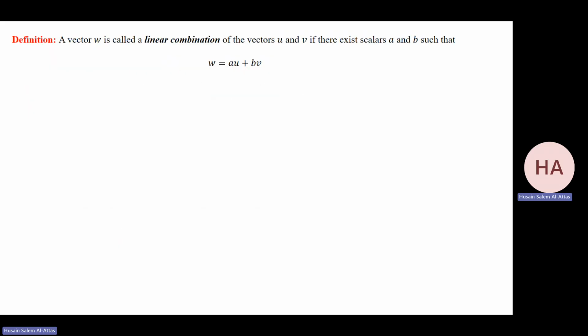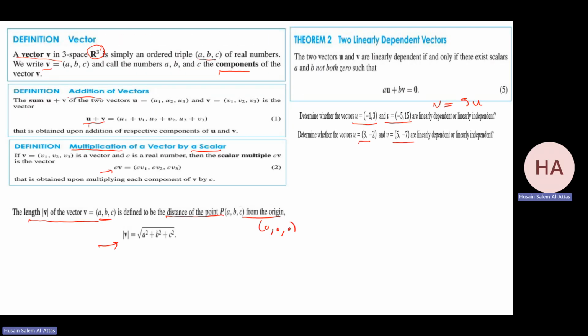So we need to deal with it in this way. I have this relation: Au plus Bv equals 0. If I have a third one, the same thing, plus Cw equals 0. But now let us deal with two only.